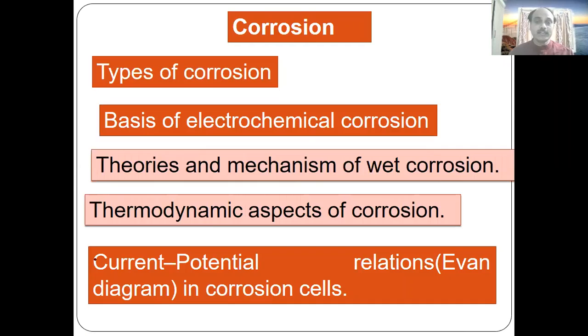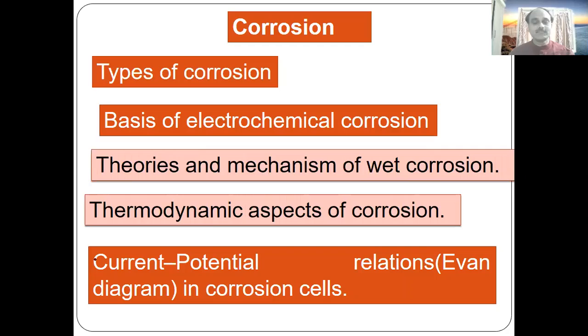Definitely there should be some corroding element, like carbon dioxide, oxygen, or moisture, and it forms a cathode and anode on the surface of the material which undergoes degradation. So the corrosion is not a physical phenomenon, it is an electrochemical phenomenon. A big electrochemical theory is involved in the process of the corrosion.